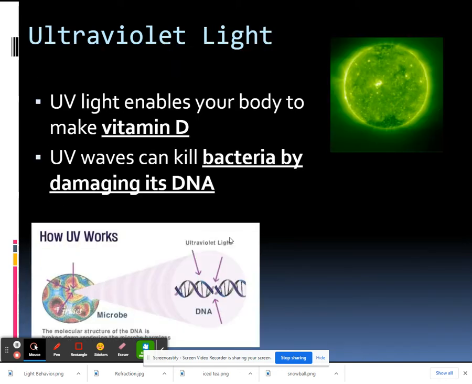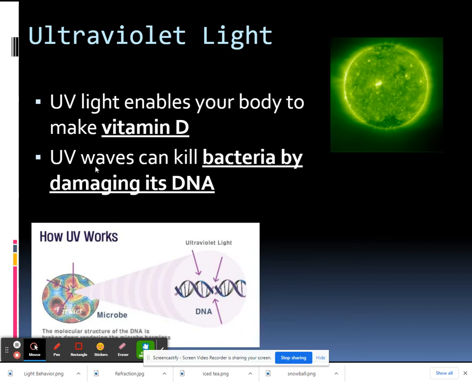So UV light, as I just said, is what enables your body to make vitamin D. And vitamin D deficiency, or in other words, when you don't have enough vitamin D, is responsible for a lot of chronic depression, because it's the cause of the symptom of depression. So if you're vitamin D deficient, you might be depressed. That's why you should go outside. That's why those sunny days just make you happy. There's a chemical reason, because you make vitamin D, which fights against depression.